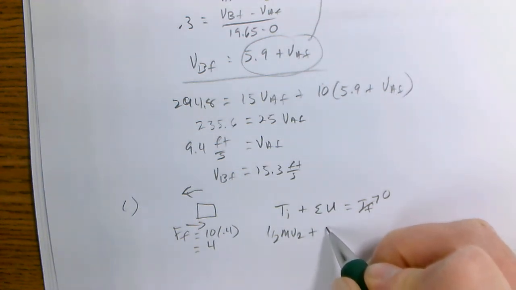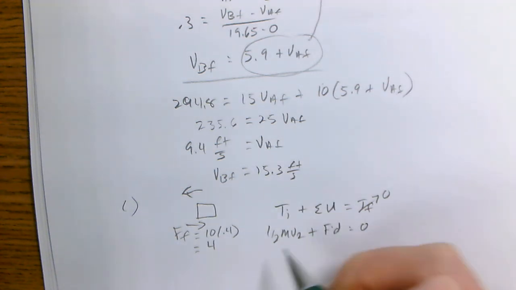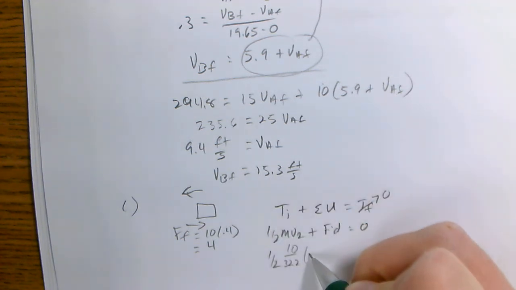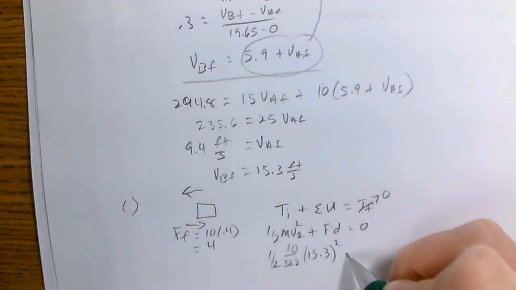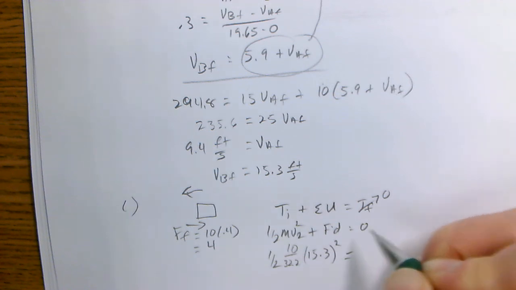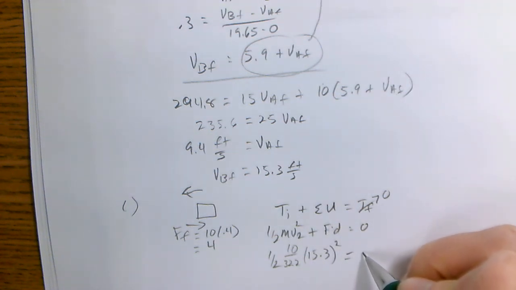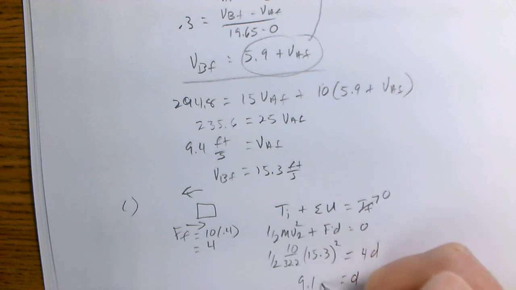So 1/2, the mass is 10 divided by 32.2, the velocity is 15.3 squared, and that equals, the force is negative, so we'll move it to the side, 4 times the distance. And solving that, the distance equals 9.1 feet.